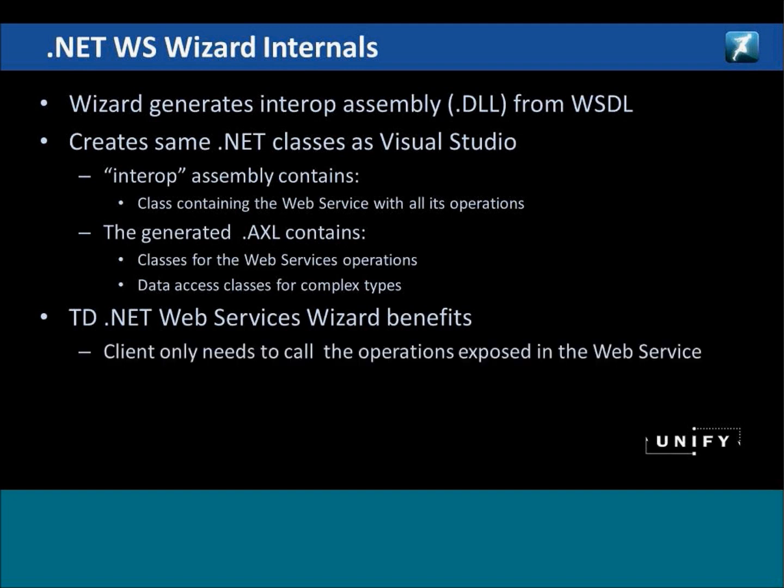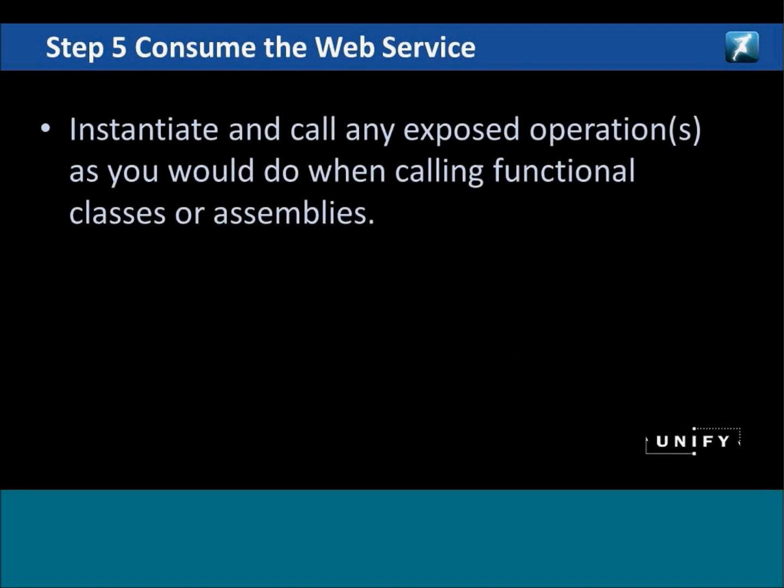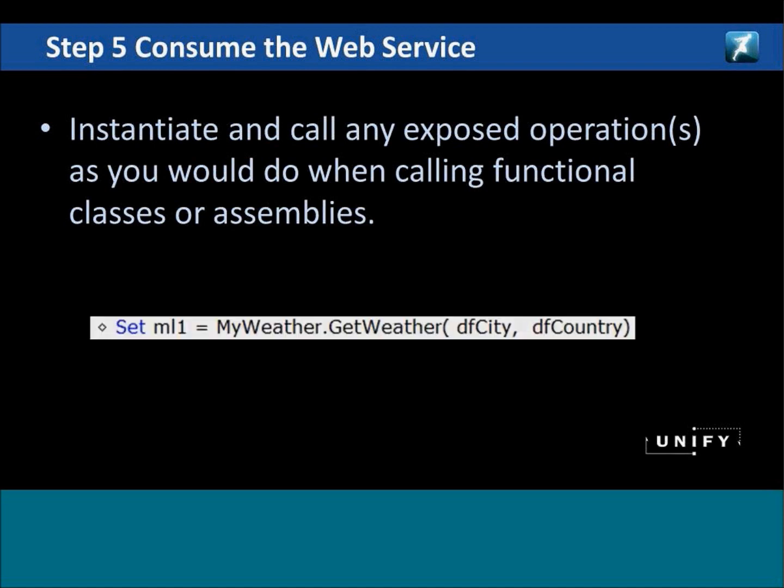What are the benefits of TD.NET web services? The client only needs to call the operations exposed in the web service, and that's really easy. And that's step 5, consume the web service. Instantiate and call any exposed operations as you would do when calling functional classes or assemblies. So basically, when you're doing the client programming, there isn't a lot you have to take care of.